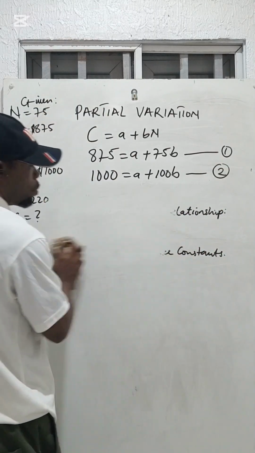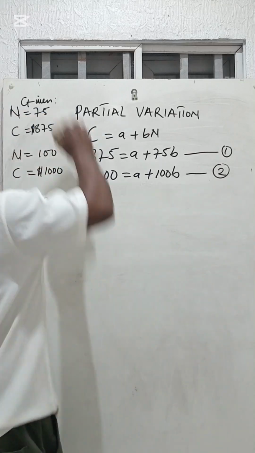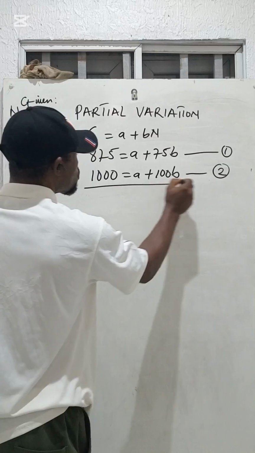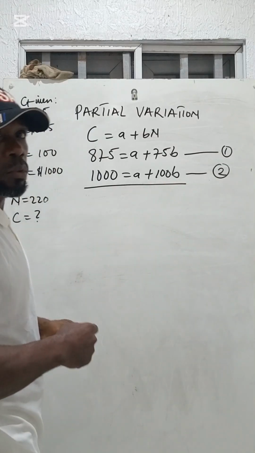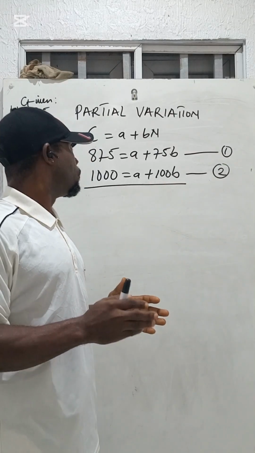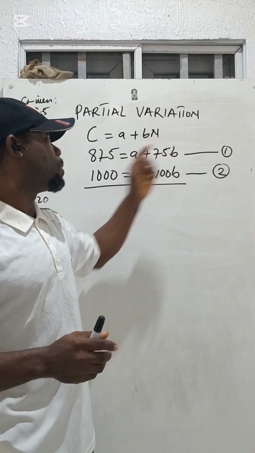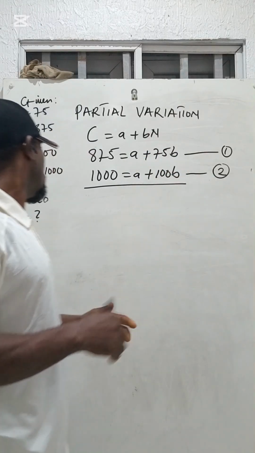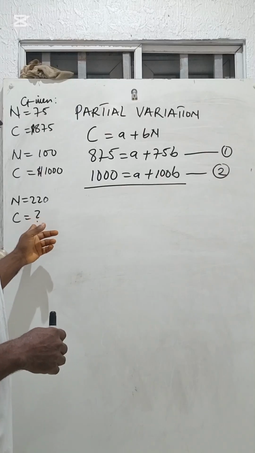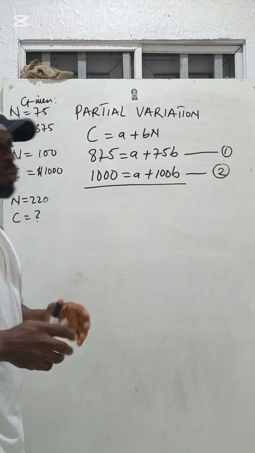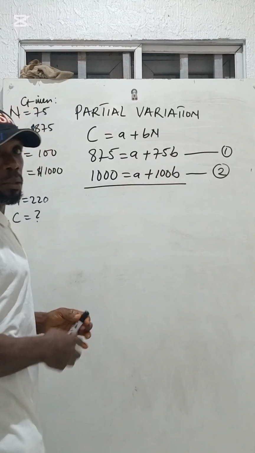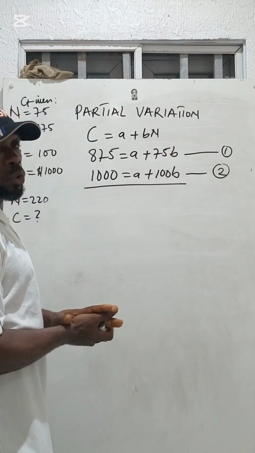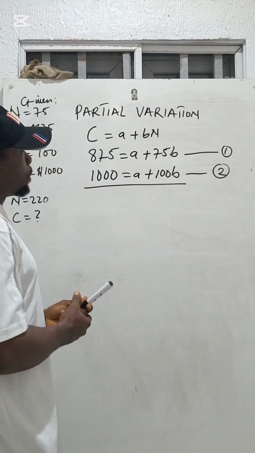Now, what I'm doing right now, I want to solve for the unknown values. I want to solve for the value of the constants, A and B. These two values are not provided. If I want to calculate the cost of feeding 220 students, I need to know the value of A and B. So to get the value of A and B, I'm going to apply simultaneous equations.